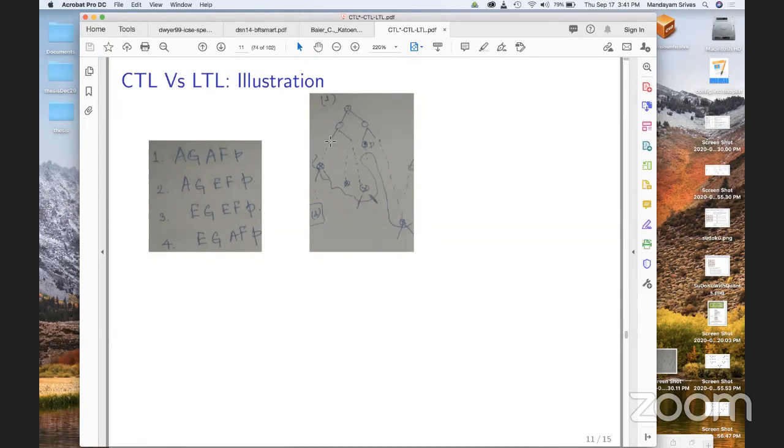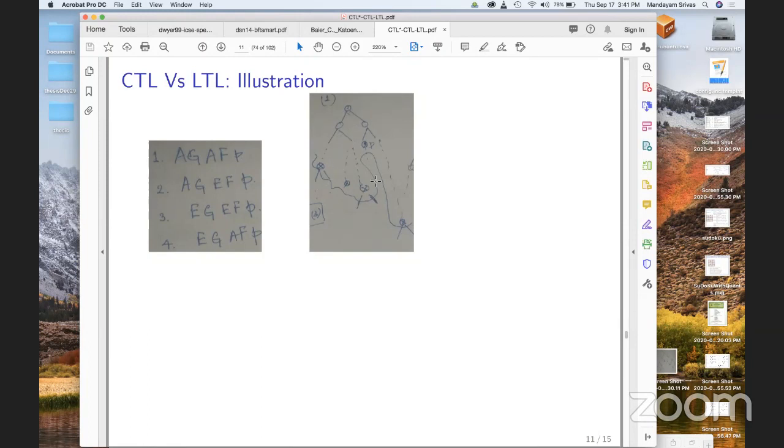What does that mean? Every state on every path originating from the root will have to satisfy AF P. In this case, just for simplicity, I'm making P an atomic predicate. So this is what you have.